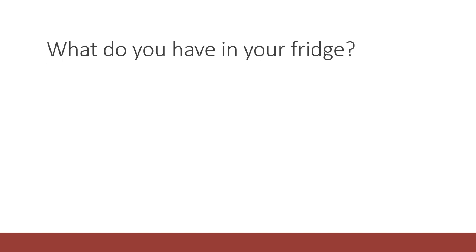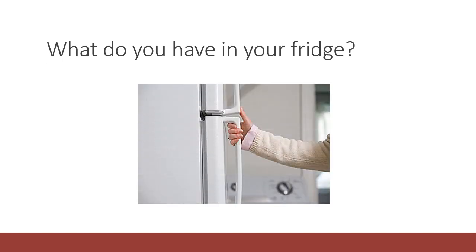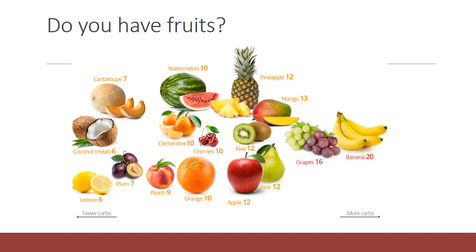What do you have in your fridge? Have you asked yourself that question? So now we are going to check what you have in your fridge. We have some fruits that you may have in your fridge.